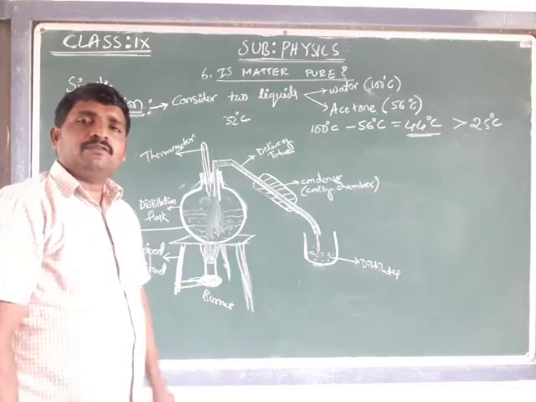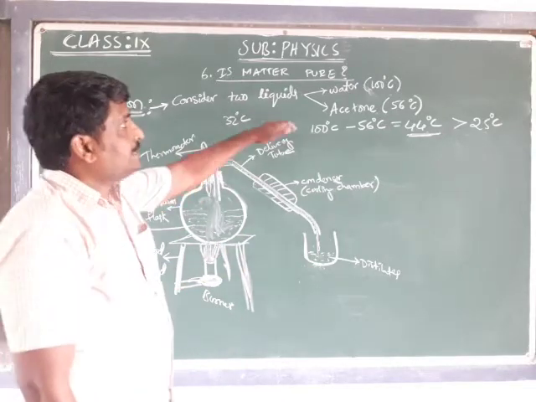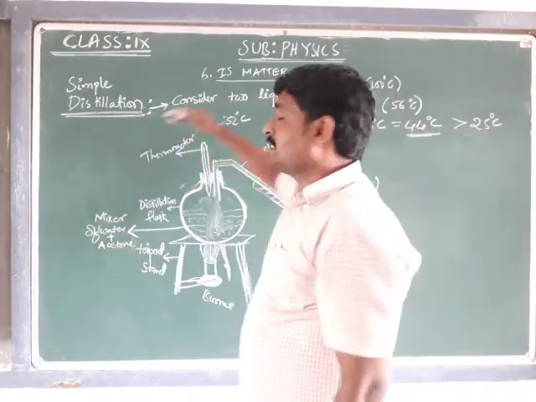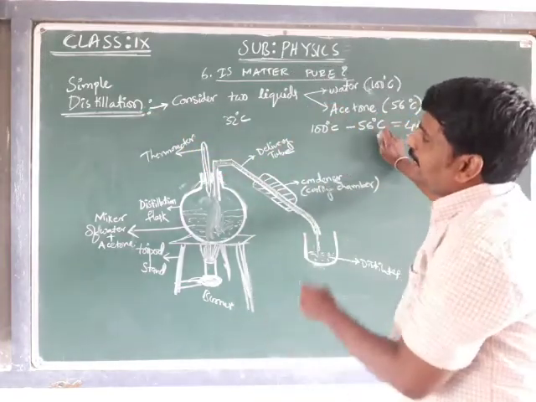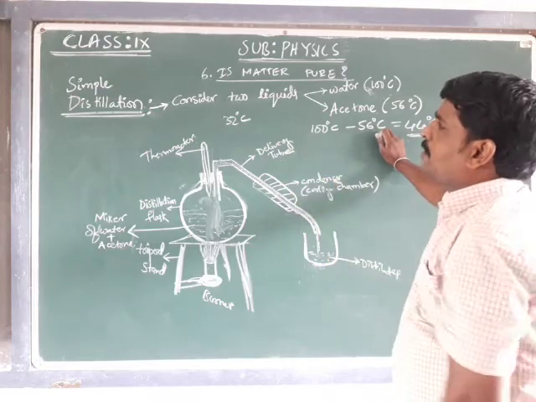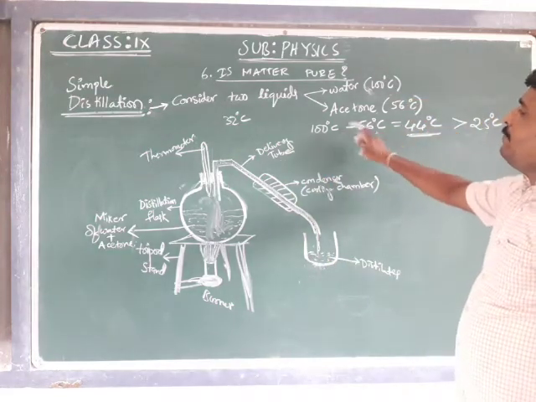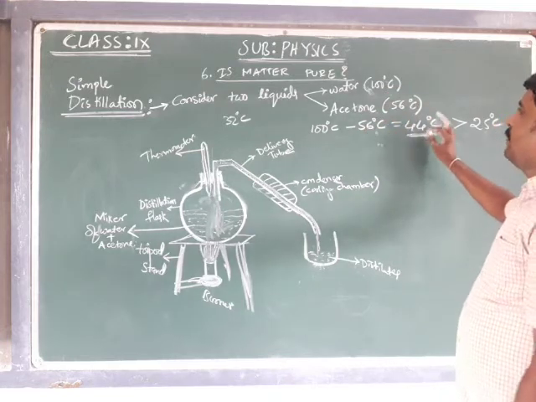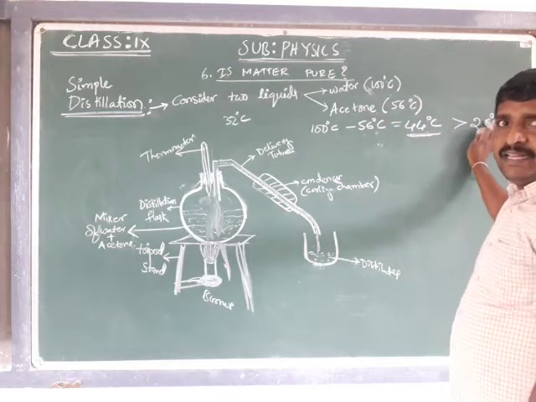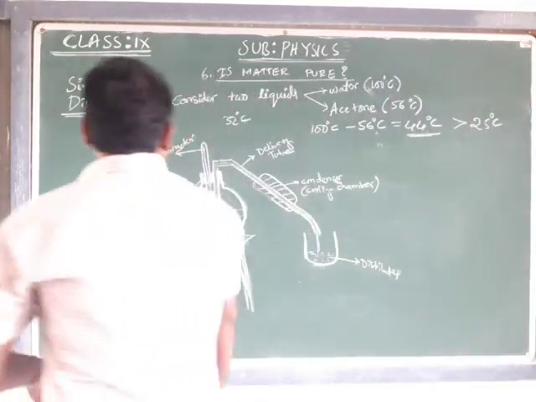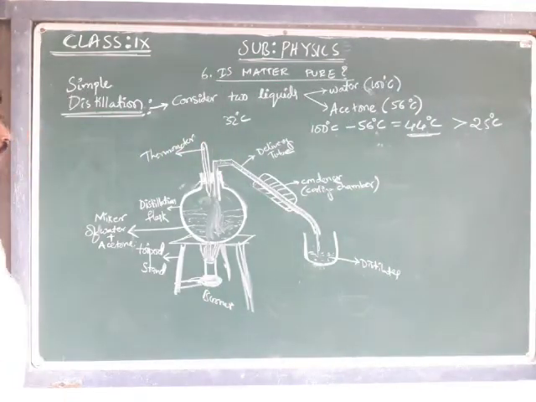Like this, we separate acetone and water by using the simple distillation process, because the difference between the boiling points of acetone and water is greater than 25 degrees Celsius. Okay, I hope you understood this. Next we will see what fractional distillation is.